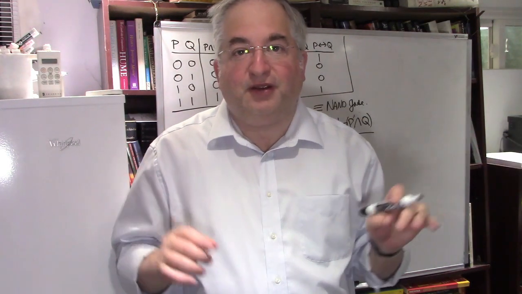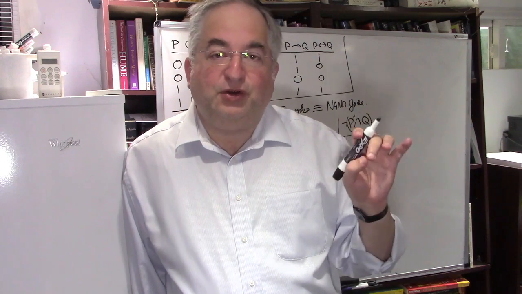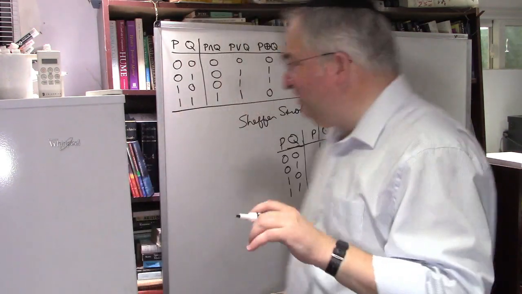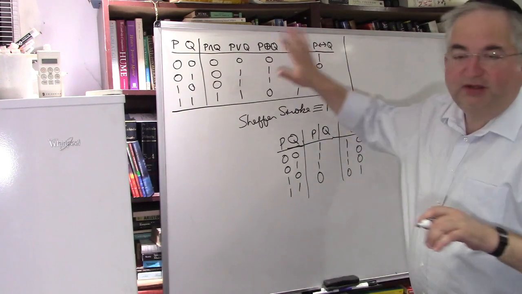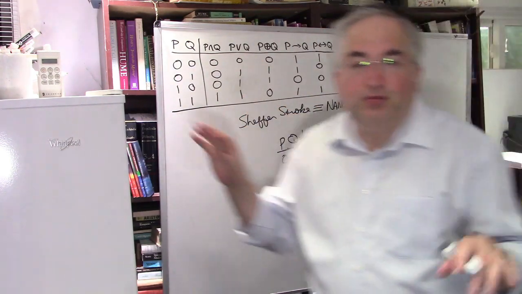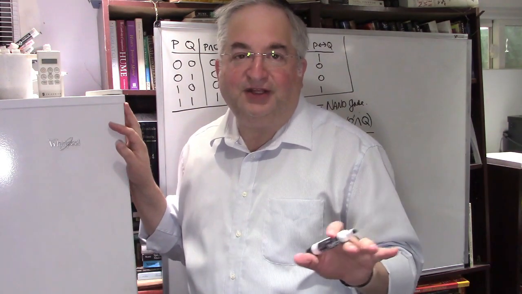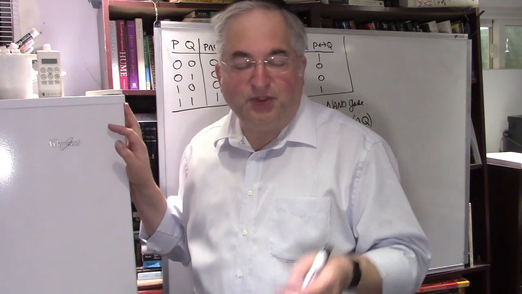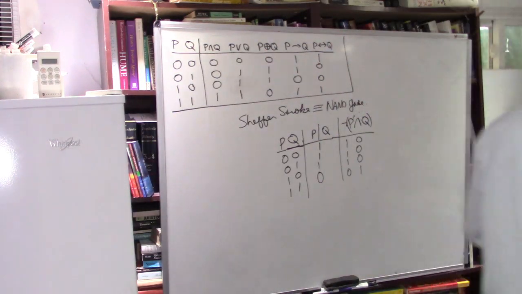That's a typical thing of the way computers work, okay? But it turns out that with these NAND gates, you can do all these different things. So your computer is really made out of a lot of NAND gates, just NAND gates. So when somebody asks you what's in your computer, you say NAND gates, which is the Sheffer stroke.